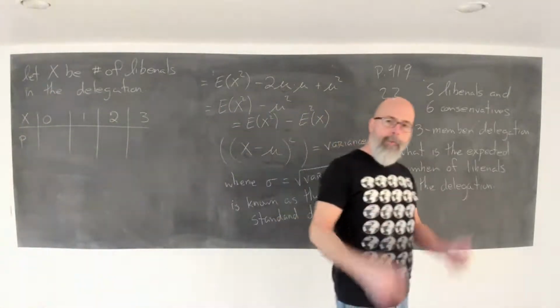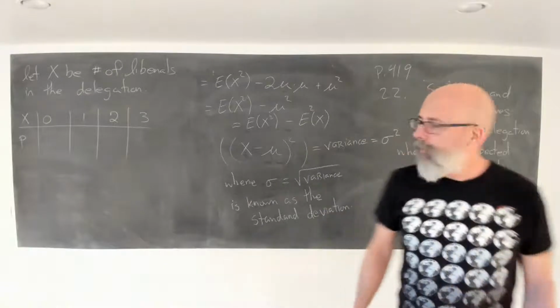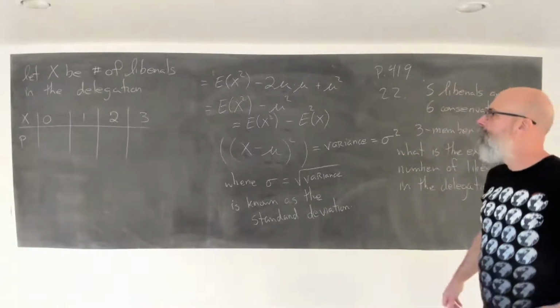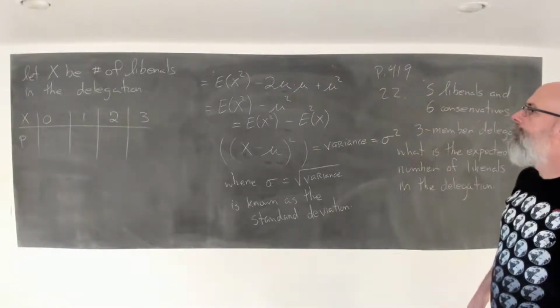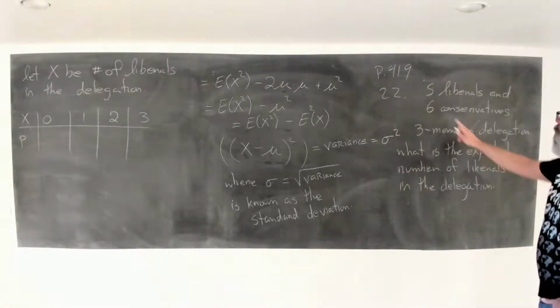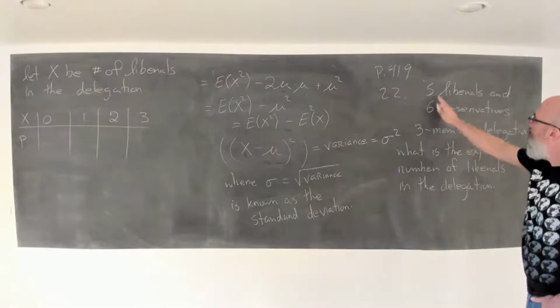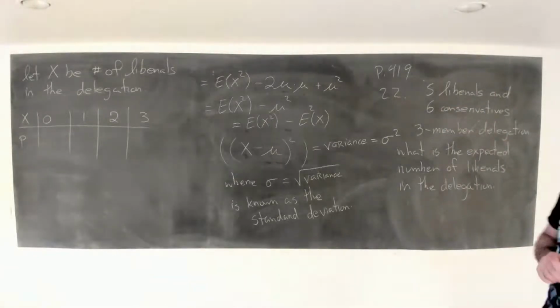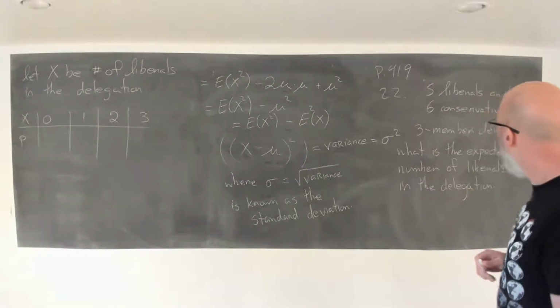Now, what are the probabilities associated to that? We have 11 people in total, right?